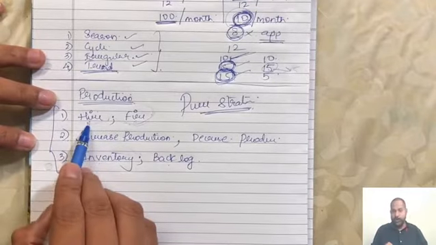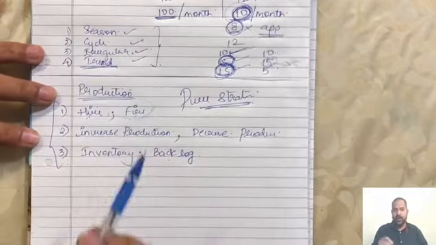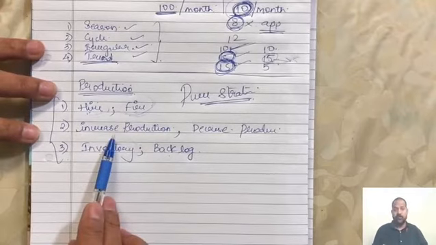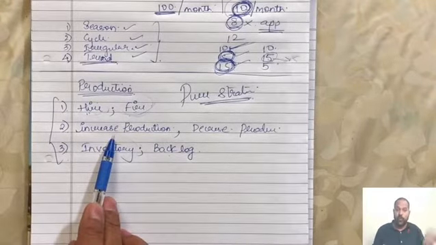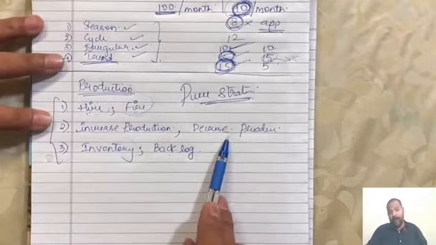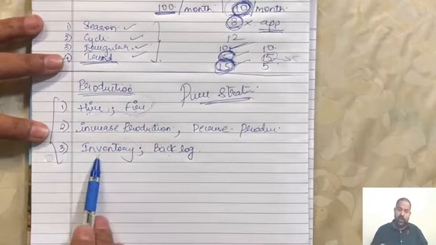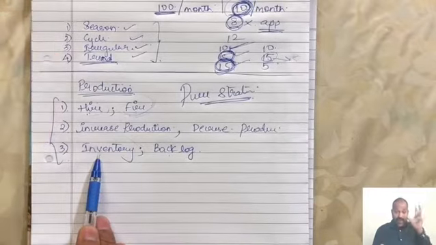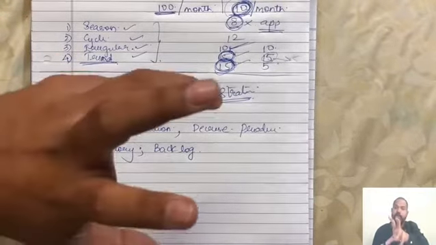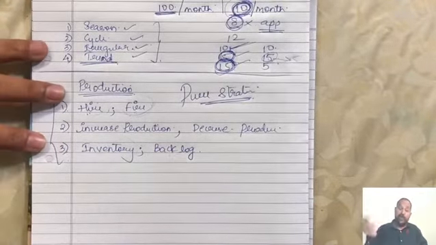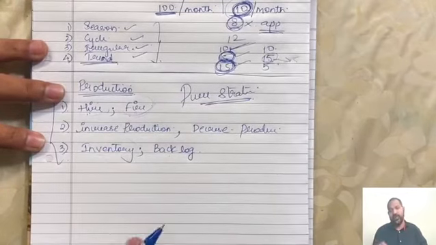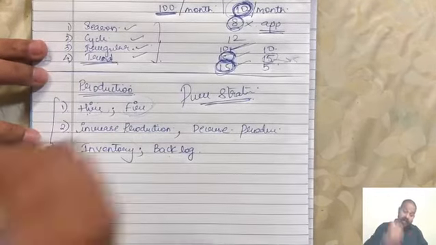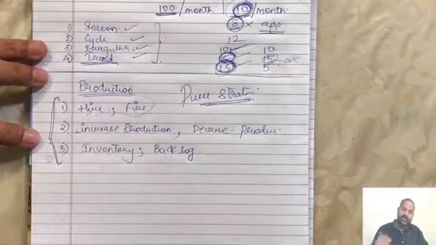Hire when you need to increase, fire when you need to decrease. Increase production, which is hire more machines if you want to, and then give them back when you want to decrease production. Increase when you have extra value, you put it into an inventory, and whenever there is a backlog, you pull it out of that inventory. And these are three pure strategies.